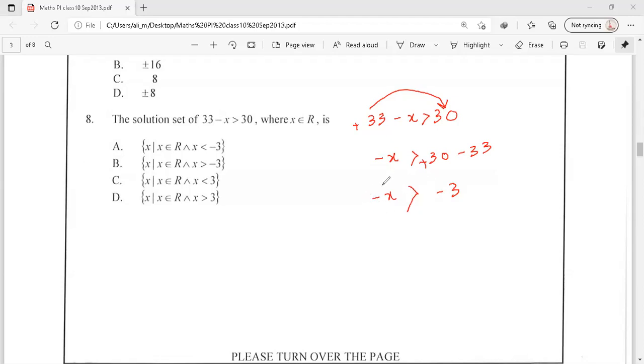To remove this negative sign, multiply both sides by minus 1. So the inequality would reverse. So x will be less than plus 3. So the correct answer will be x less than 3. So option C is the right answer.